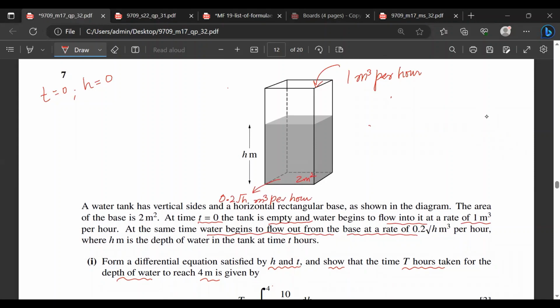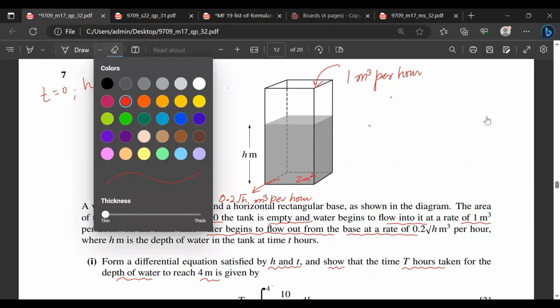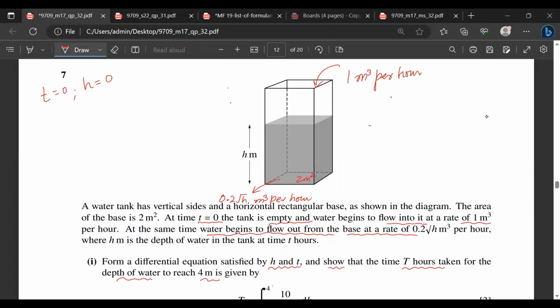So it means that when height is equal to 0, time equals 0, and when time is equal to t, the depth is 4. So these are the two conditions.